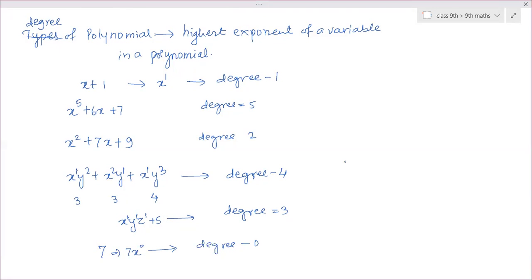Write down the degree of the polynomial. Ma'am, over here the bases are different.